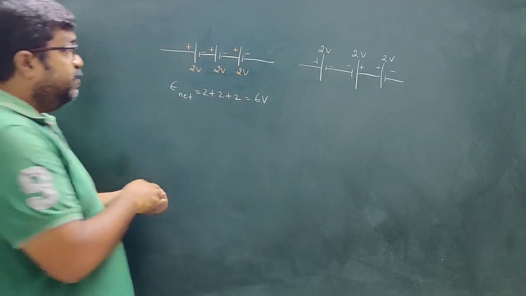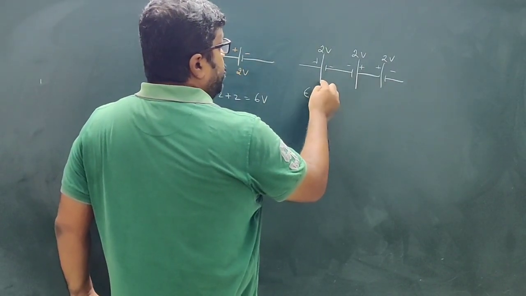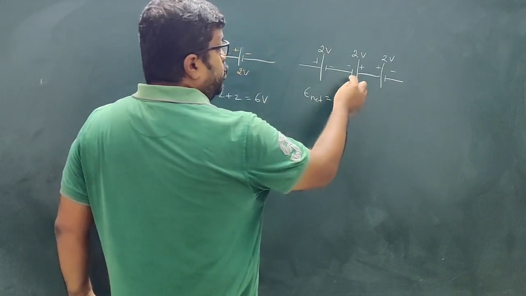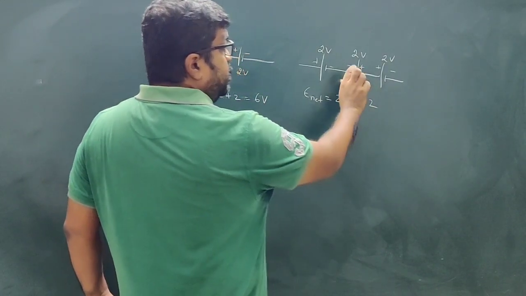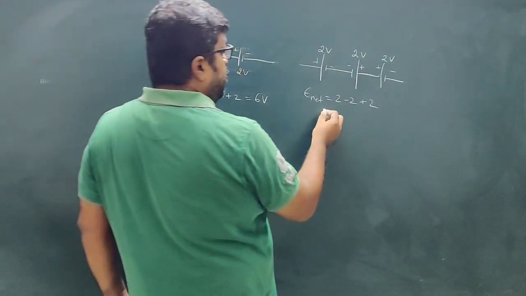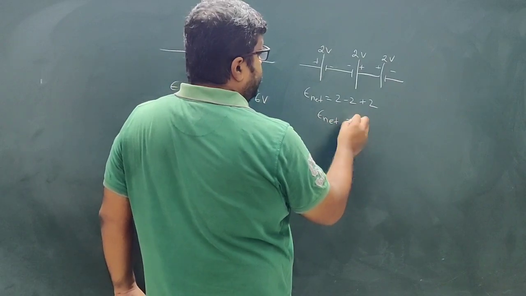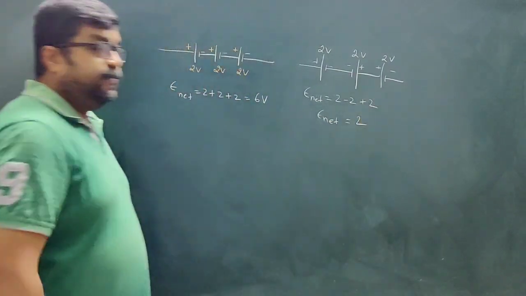Now if we calculate the net EMF here, E net, it will be 2, this is plus 2, this will become minus 2, this is plus 2. Since this is connected in the opposite direction, this will be minus 2. So now E net is equal to how much? 2 minus 2 is 0, plus 2, so this is 2 volt.